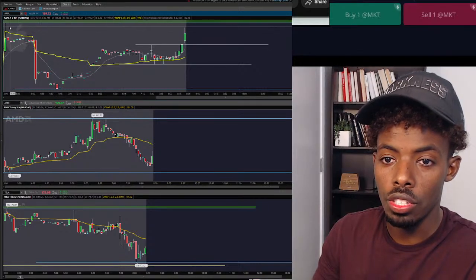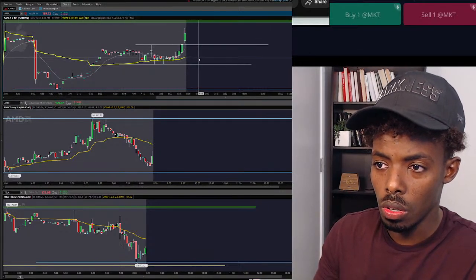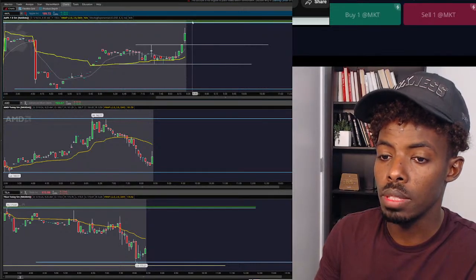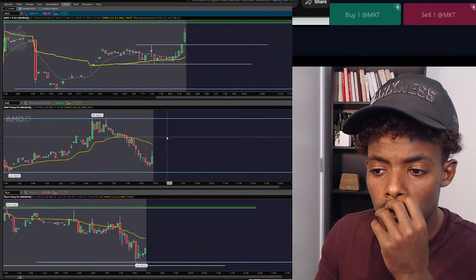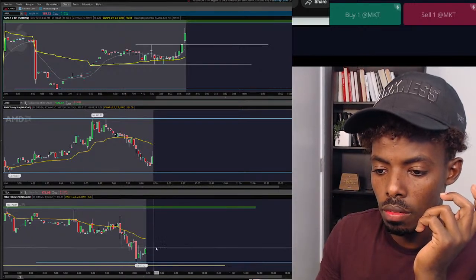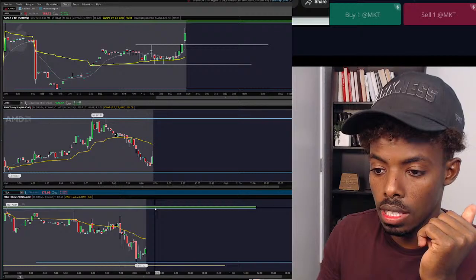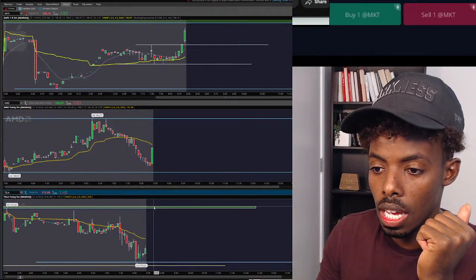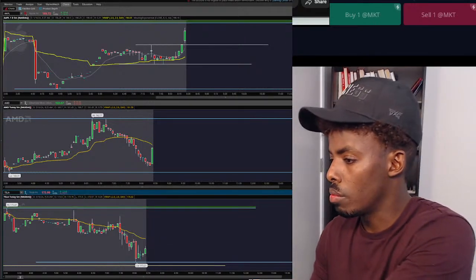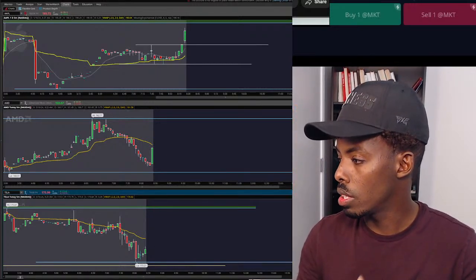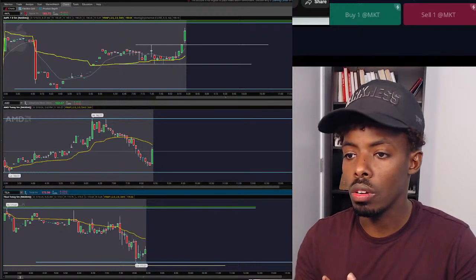And it did have a major wick, as you guys can see. So Apple could be a potential open for a put as soon as it opens if it taps the high. And then the rest is just waiting for the first 15 minutes to pass to place a put. But of course, we also see Tesla here. If Tesla comes to the high, we're also looking to trade. So let us sit back, let us relax, and now we wait. We wait to take our opportunity once the market opens.